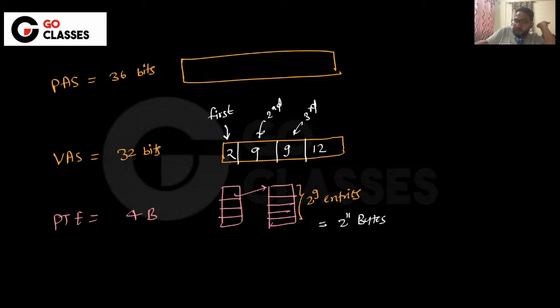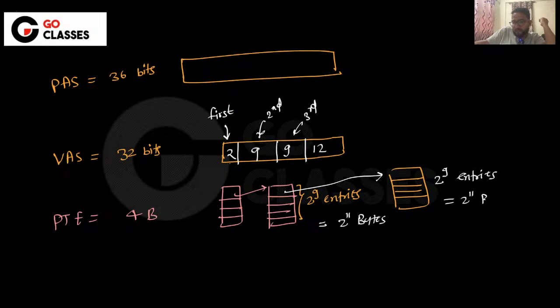Now similarly, it will point to something which again has 2 power 9 entries, a similar story, which means 2 power 11 bytes.